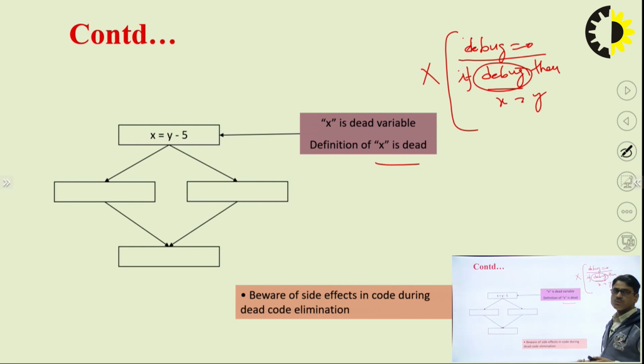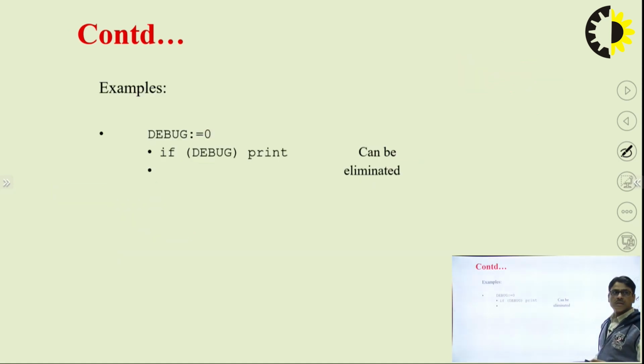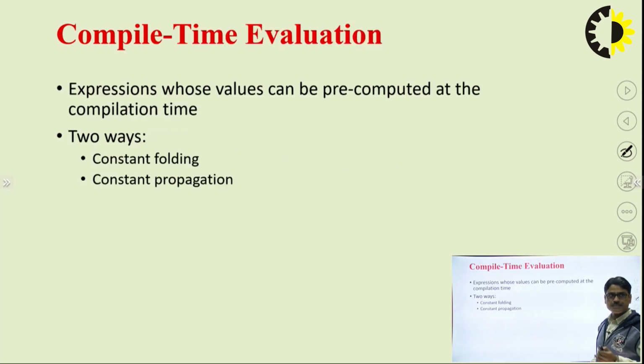Such code is a burden for the program. We have to identify such dead code during optimization and eliminate it from the program. So in this example, with debug equals 0, the if debug print can be eliminated because it is not required.